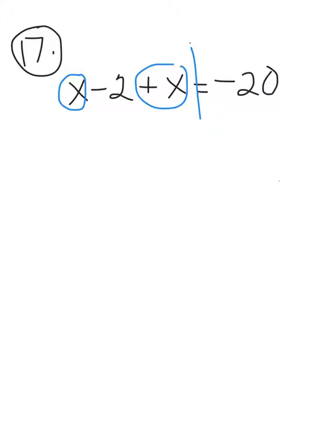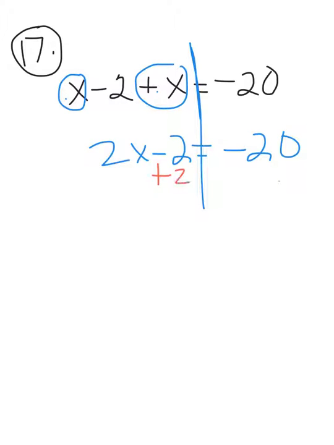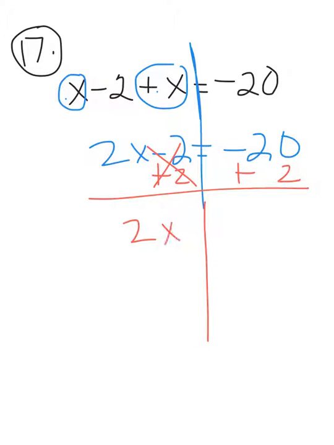Okay, so here we go. I put this x together with this x. That's 2x minus 2 equals -20. Plus 2, plus 2. I have opposite signs on this side. This is 2x. These are opposite signs. It's going to be -18.